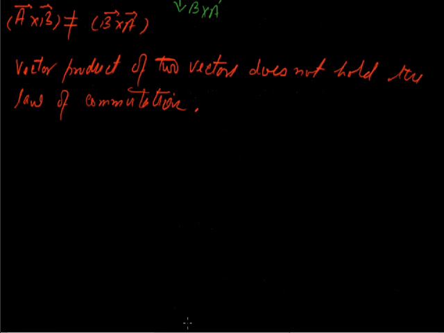Now, one example of vector product: vector area of a parallelogram.